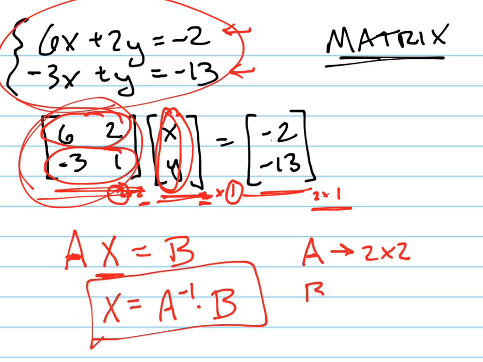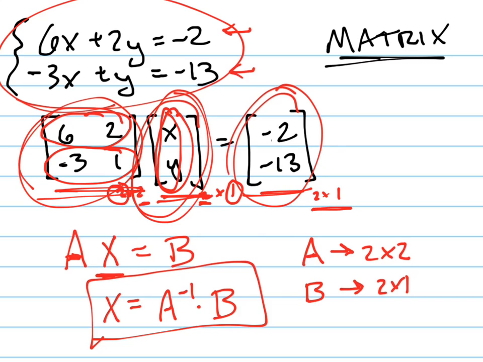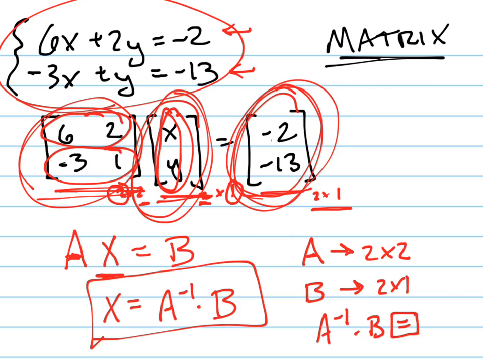Then create a B matrix that's a 2x1 matrix and plug in all those values right there, negative 2 and negative 13. And then clear out to your regular screen and just type in A inverse times B, enter, and it'll tell you the solution. That's all you have to do.